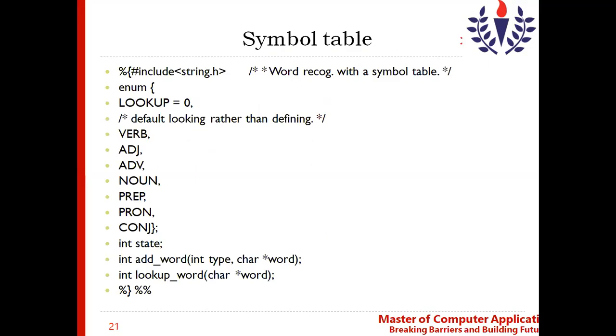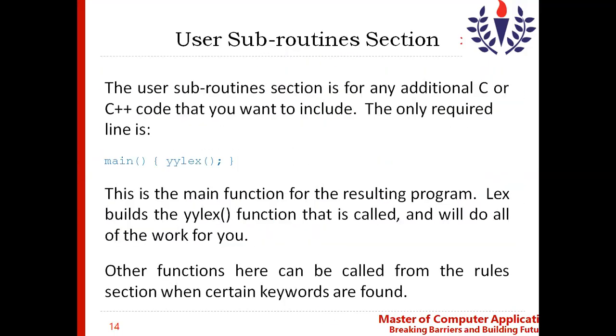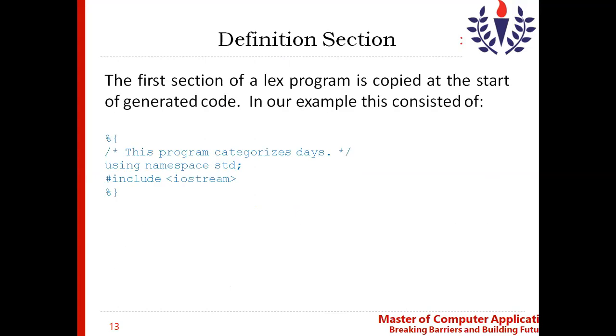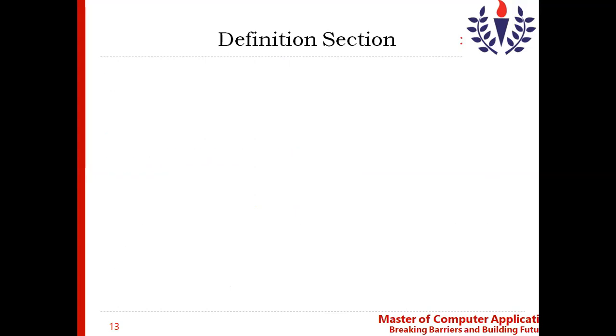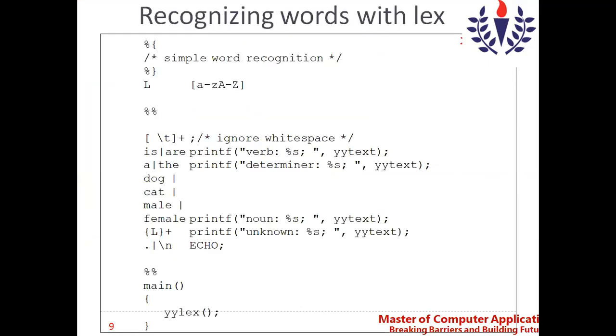Now let's move on to the next concept, that is the symbol table. What is the purpose of the symbol table? Why do we need it? See, in the beginning I was showing you the second program, which is used to recognize words. In order to recognize the different words, we gave different patterns.